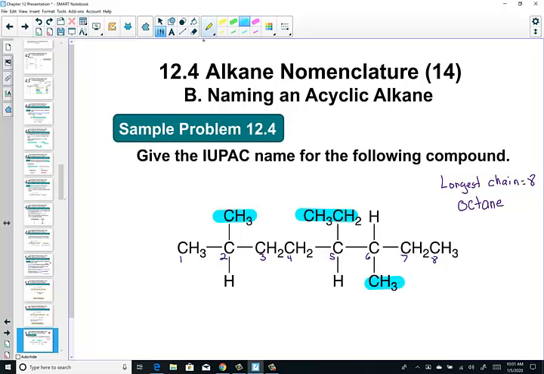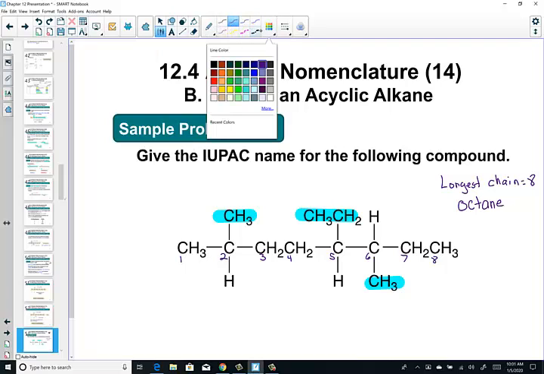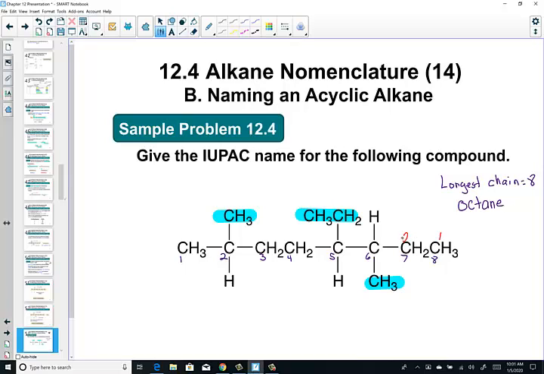By the way, one of the things I want to really highlight is, did we number the correct direction? So for instance, if I had numbered 1, 2, 3, 4, 5, 6, 7, 8, going from right to left instead of left to right, the first carbon that we see going right to left that gives me a branch is carbon 3.